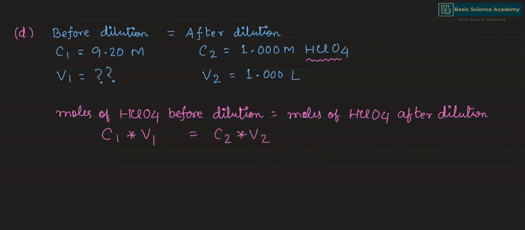Now we will put the given values into this equation. This implies C1, 9.20 M multiplied by V1, is equal to C2, 1.000 M multiplied by 1 liter.